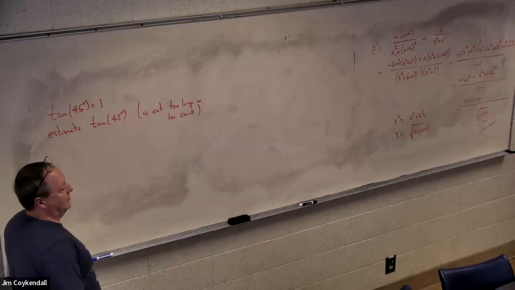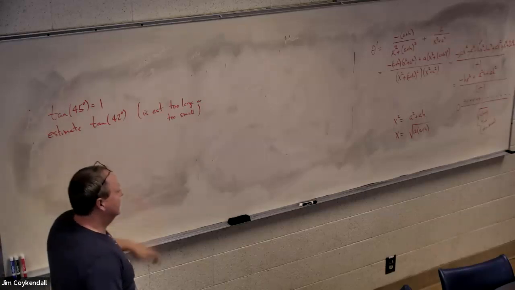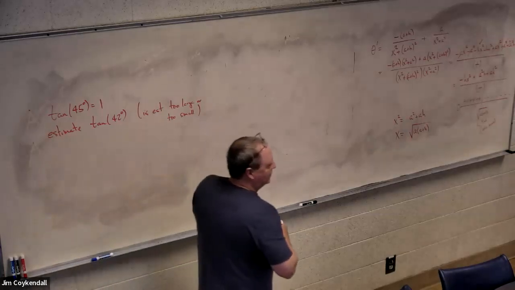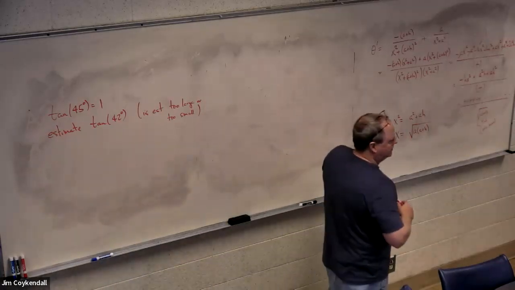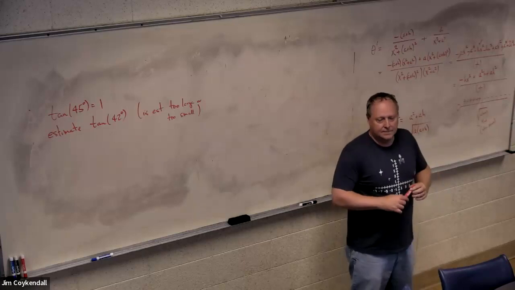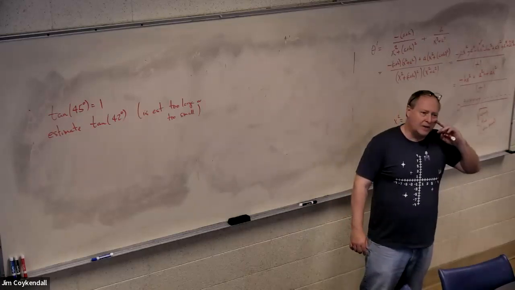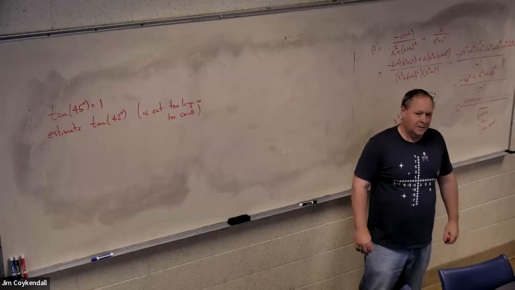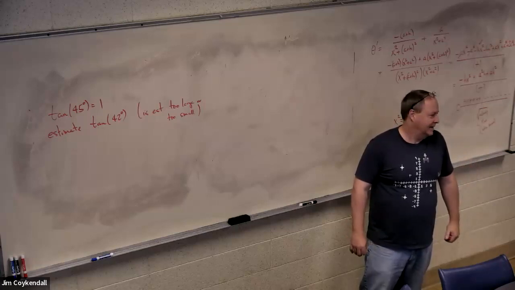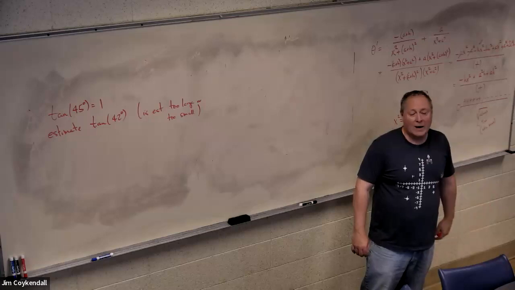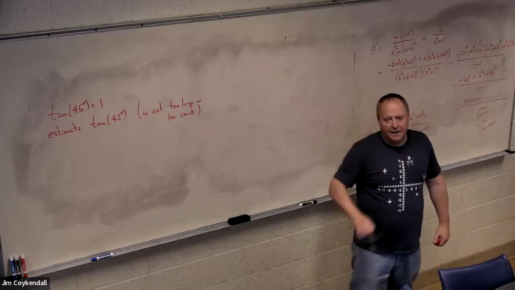What's the first thing? So I was being professor doing this. Well, right, but there's something about these angles that's bad. We need to put this in terms of radians. Right?